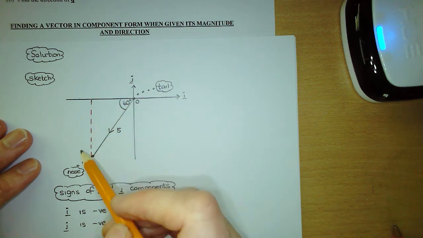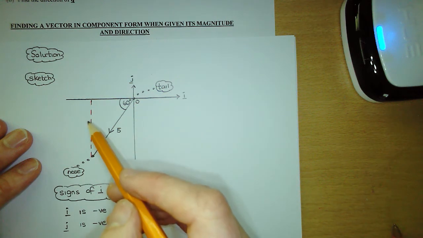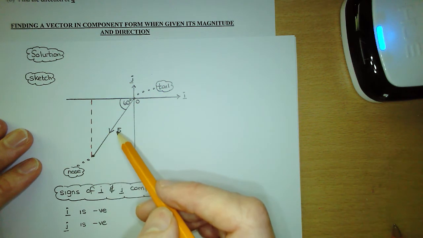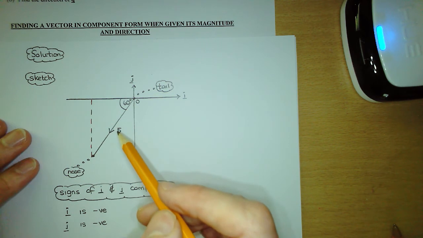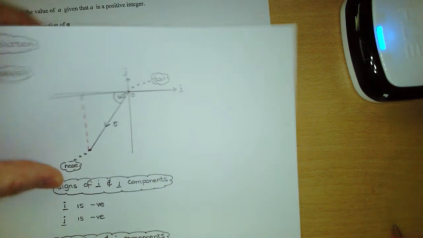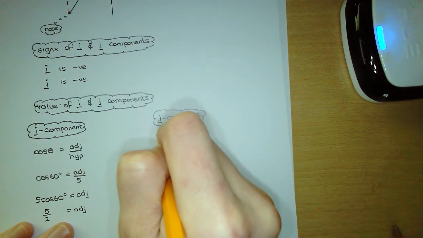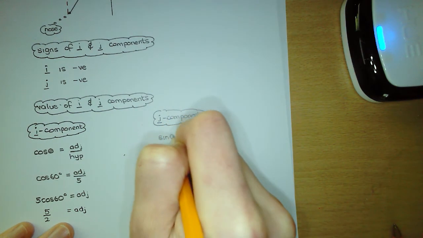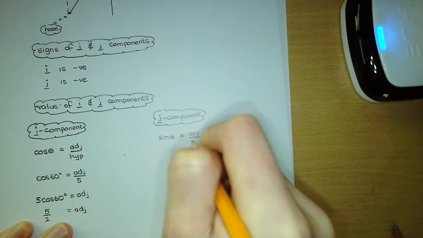So we want the side that's opposite the angle, and we know the hypotenuse, so the trig formula that involves opposite and hypotenuse is going to be the sine. So to get the j component, we're going to use sine theta equals opposite over hypotenuse.